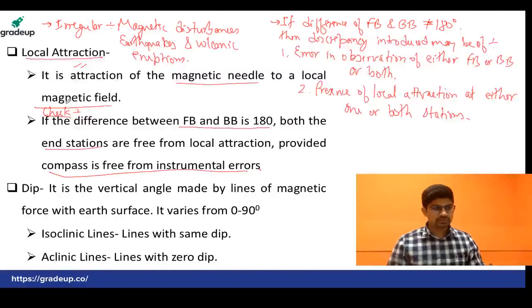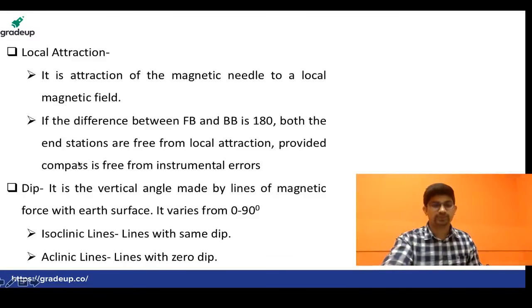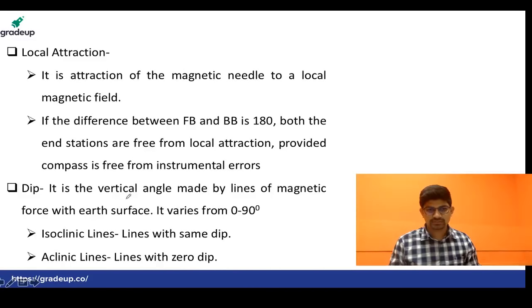Okay, so now we move to the next topic of compass survey, that is dip. Now what is dip? It is the vertical angle made by lines of magnetic force with the earth's surface. Declination was a horizontal angle, while dip is a vertical angle.